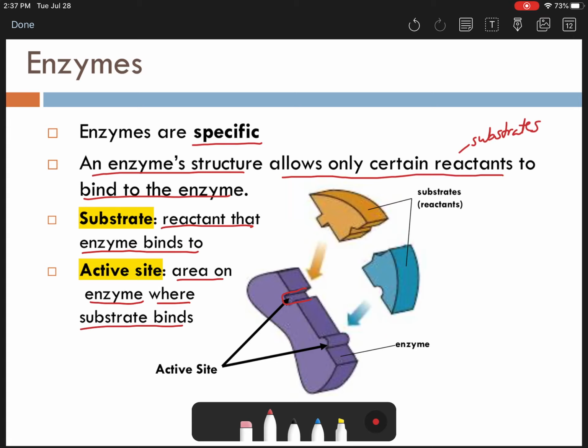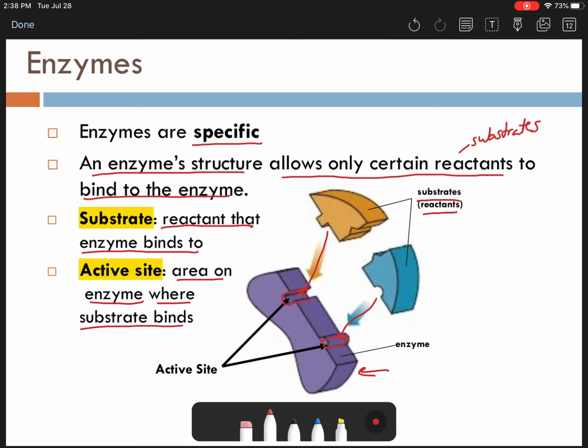So if you look right here, here is the active site, and here's another one here. And you can see that these substrates here, in this case there's two reactants, one is going to bind to this active site. You can see it's going to fit in just like a nice little puzzle. And here's the other one that's going to fit onto this active site. And here is your enzyme down here. So you need to know that enzymes are very specific.